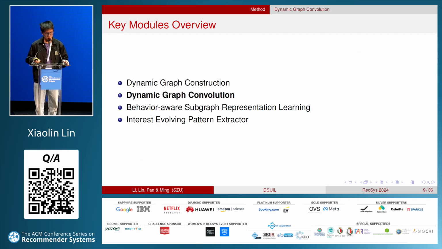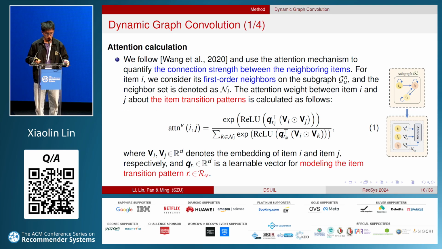The second module, dynamic graph convolution. This module is to learn the item representation and the cross-stage interest dependencies. We calculate attention between the neighborhood items in a subgraph. We consider both item transition and behavior transition patterns to calculate 2 types of attention.